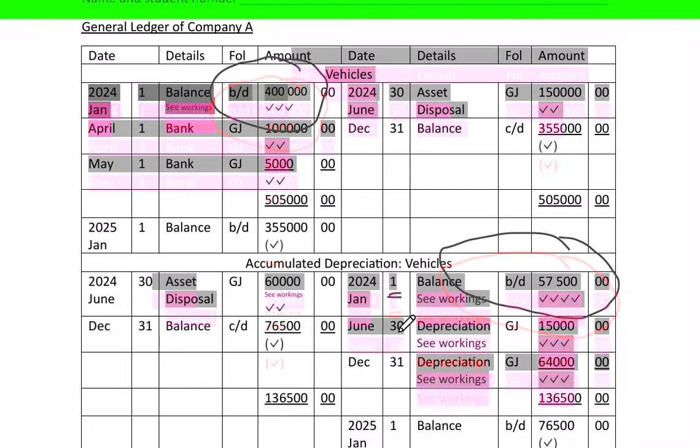Some people did it right until year end with that number, but the opening balance is the start of the year. Then there's the depreciation for the current year. This was transferred to asset disposal. It's the accumulated depreciation of the asset that we're getting rid of right until the date of the sale.